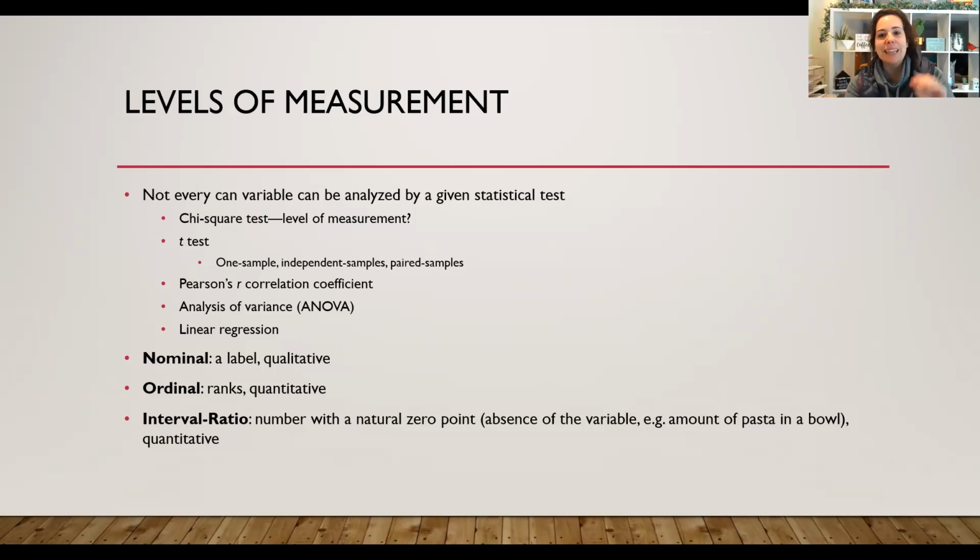Nominal is a label or a qualitative measure. So being a freshman, right? Or being a Democrat or a Republican or being Protestant or being Buddhist, right? Those are labels we're giving. We are not measuring something. It's just a label. You're not 50% a freshman, right?